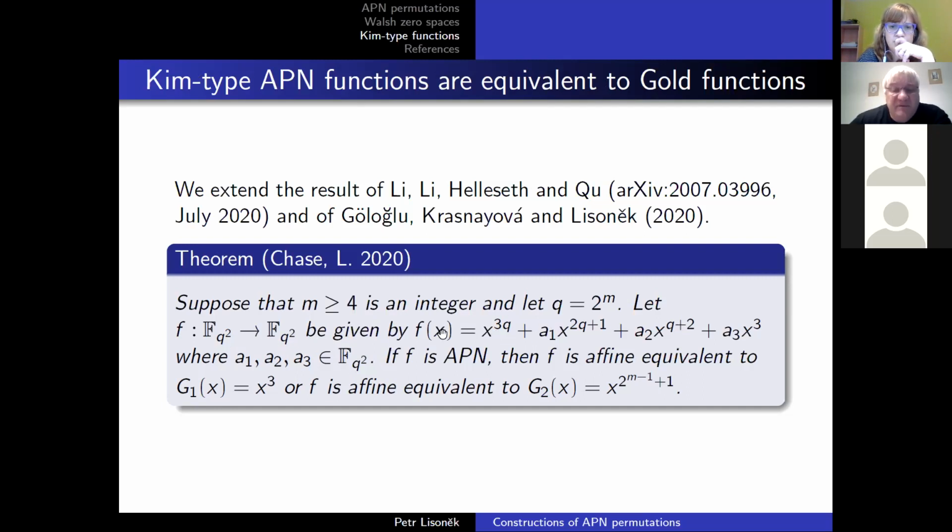That's the most general form of these Kim type functions that were hoped to provide possibly APN permutations. And we showed that although it is a very general family, where you have 3 different coefficients from the large field that you can put in, if such a function is APN, then it is a known function, in the sense that it's affine equivalent to one of these Gold functions.